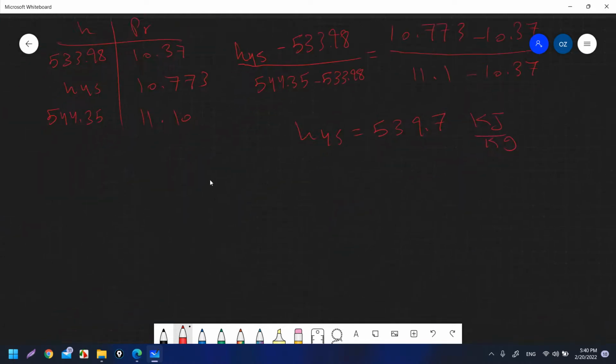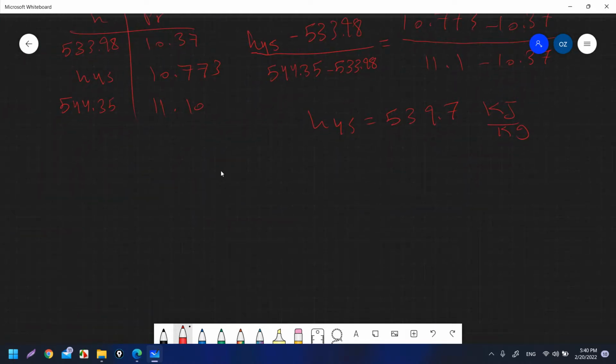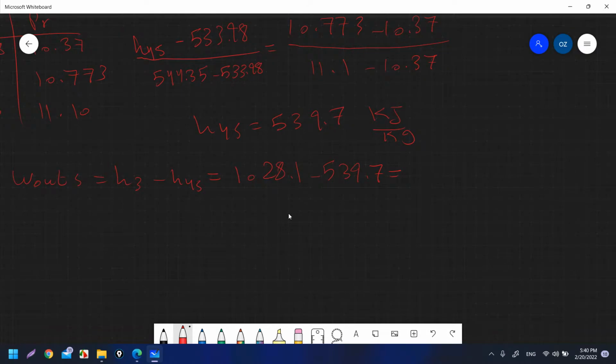Then finally, you can find W out S, W in S, Q in S. So W out S is equal to H3 minus H4S, and will give you that it's equal to 1028.1 minus 539.7, and this will give you 488.4 kilojoule per kilogram.